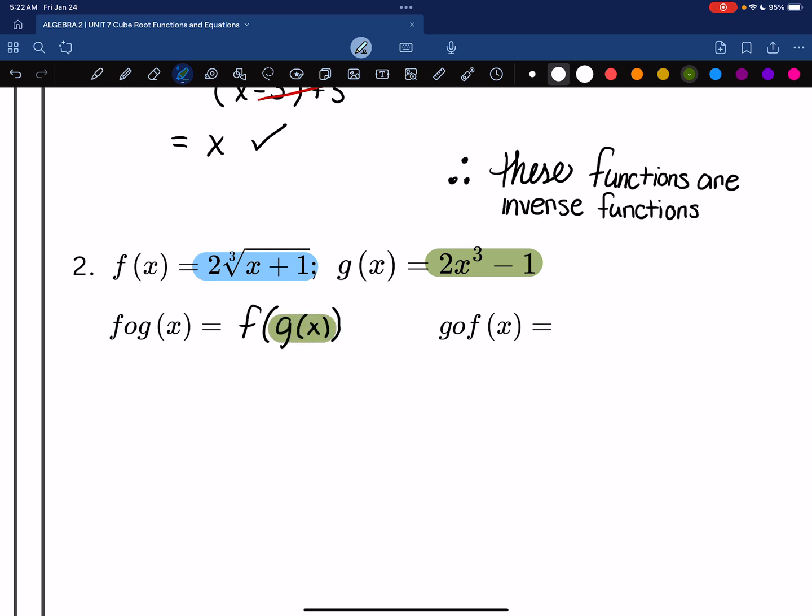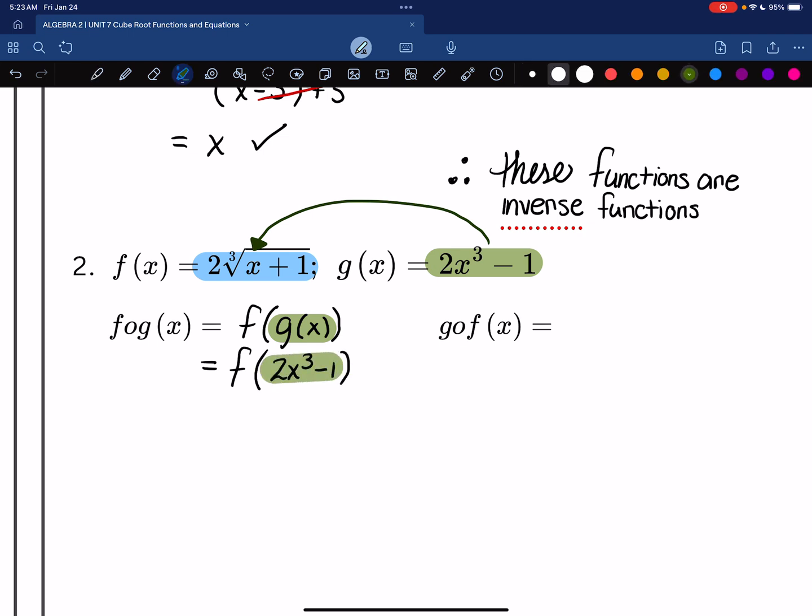So that looks like taking my whole green function, all of this, and it's going to go inside my f function where the x is. I'm going to replace that there. So that looks like instead of just f of x, I'm going to take the whole expression that is my g rule.